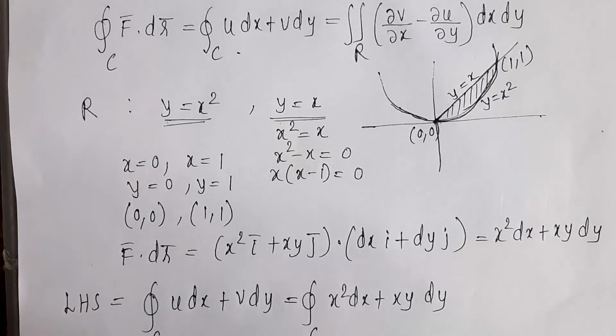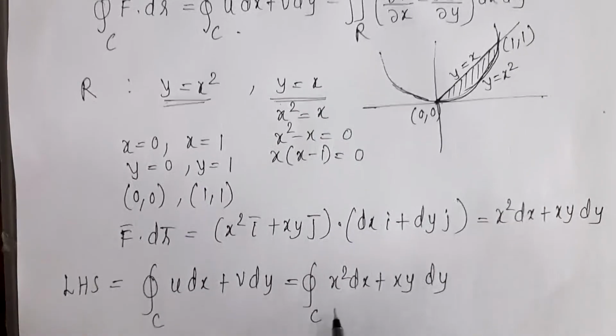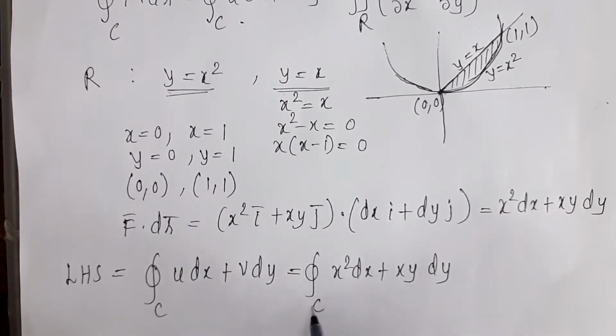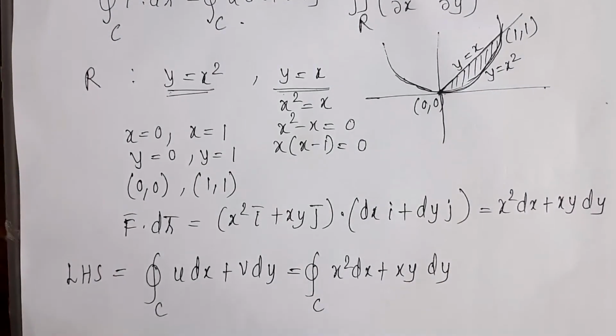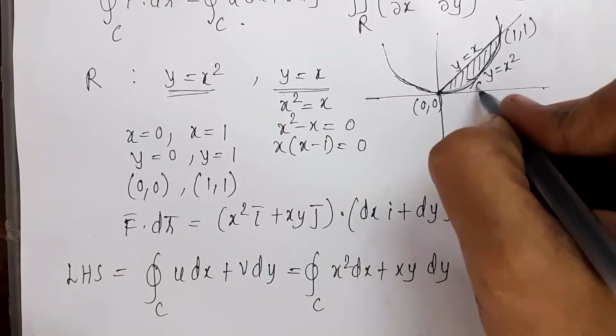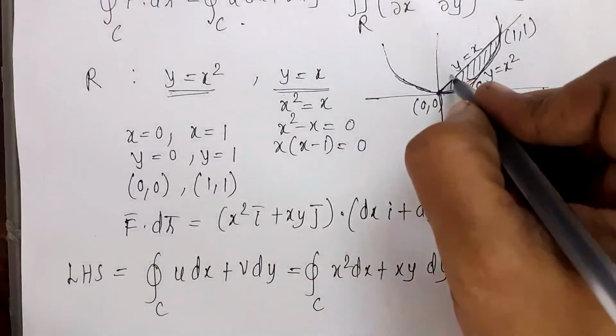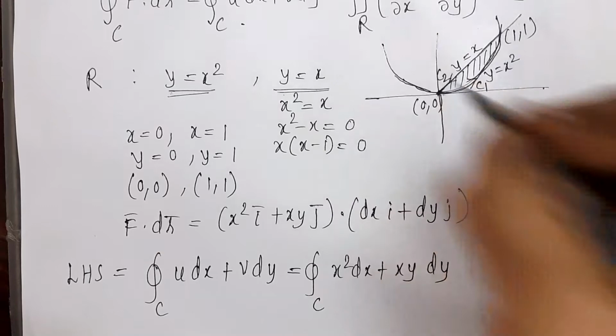To evaluate this line integral over C, note that a line integral is integration over the curve. Here y = x² and y = x are two curves. So we denote y = x² by C1 and y = x by C2.